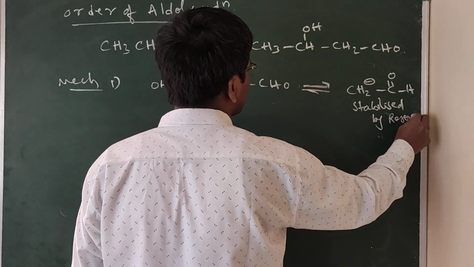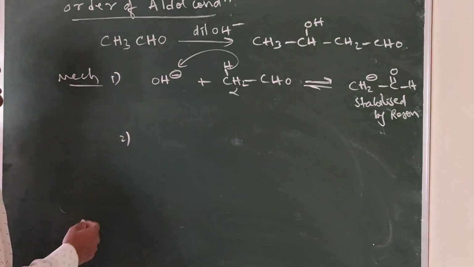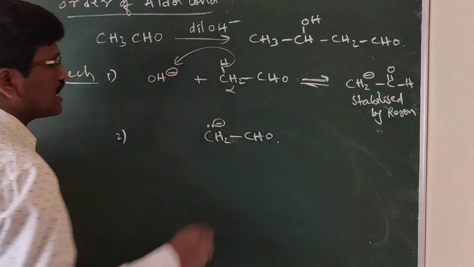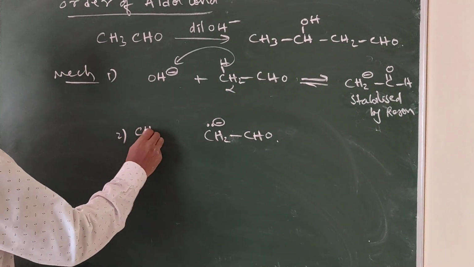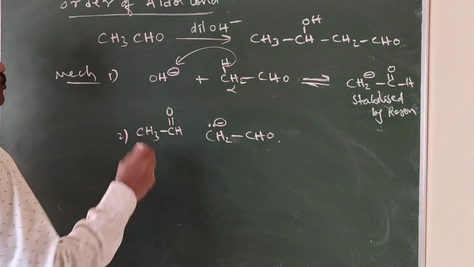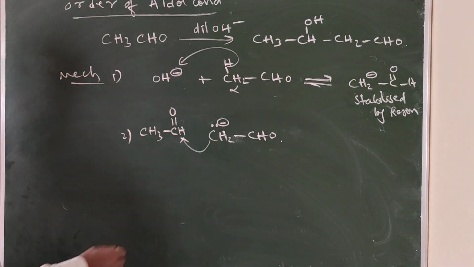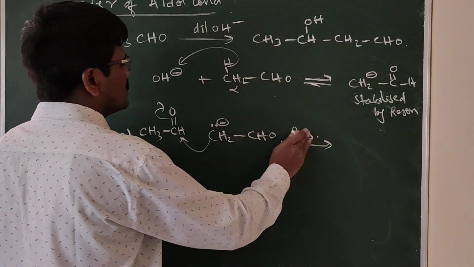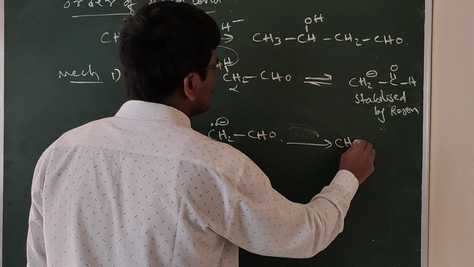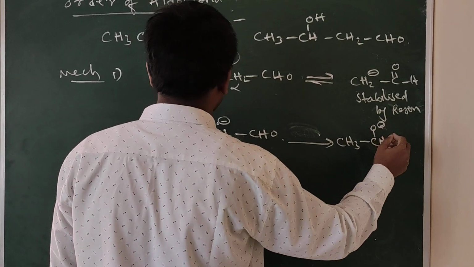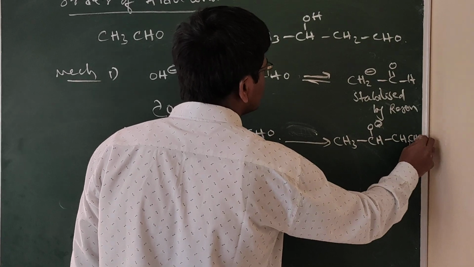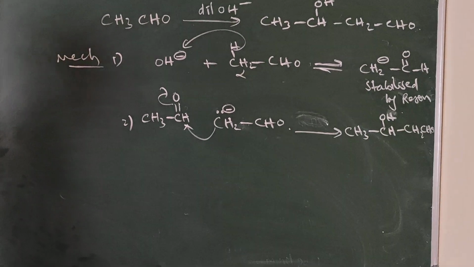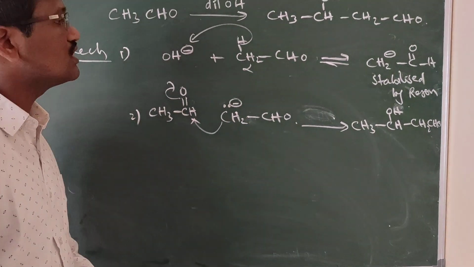In the next step, this enolate ion acts as a nucleophile and attacks the carbonyl group of another aldehyde, and the pi electrons are transferred to the oxygen. This is the rate determining step. So CH3CHO minus is formed along with CH2CHO. After getting a proton from water, it becomes OH, that is, beta-hydroxyaldehyde is formed. So this is the mechanism of this reaction, which we already discussed.